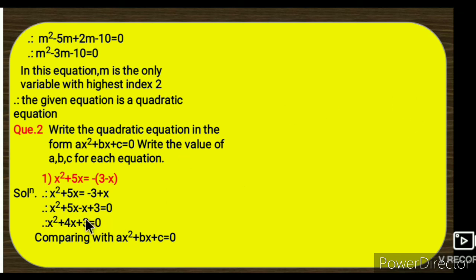In the given equation x² has no written coefficient, which means the coefficient is 1. Therefore a is 1. b is the coefficient of x, which is 4, and c is equal to 3.